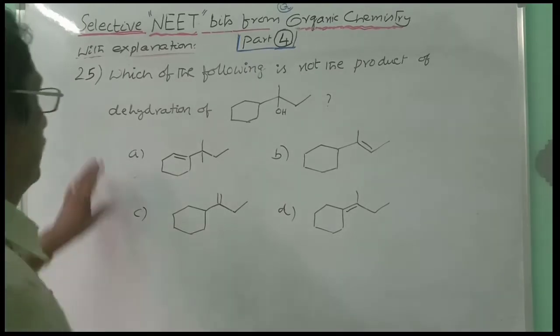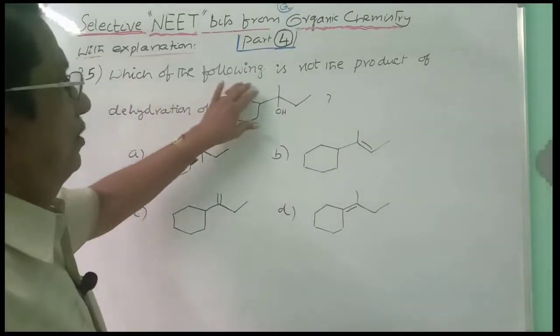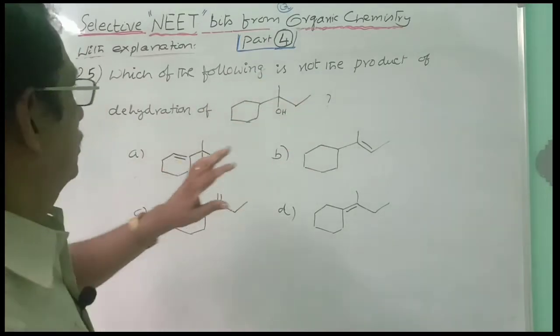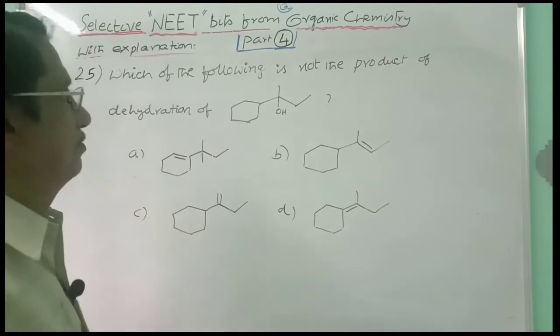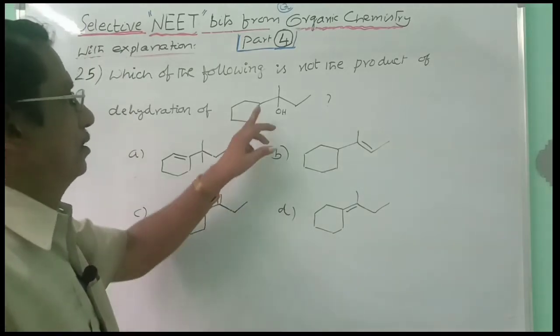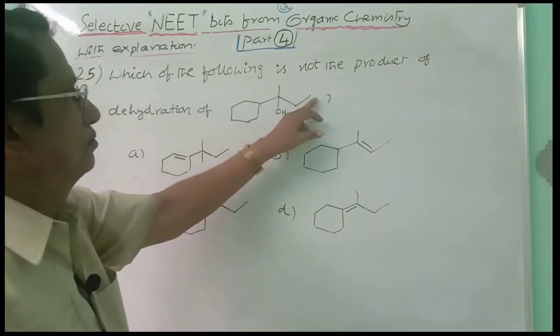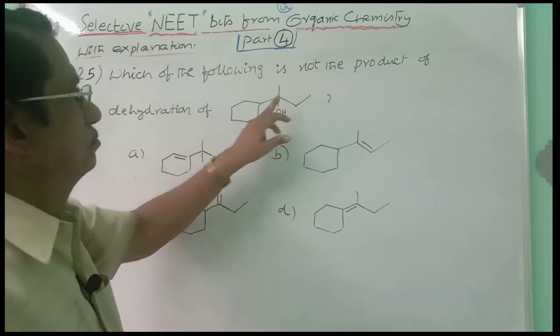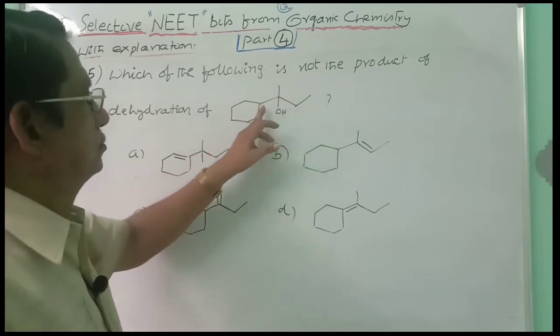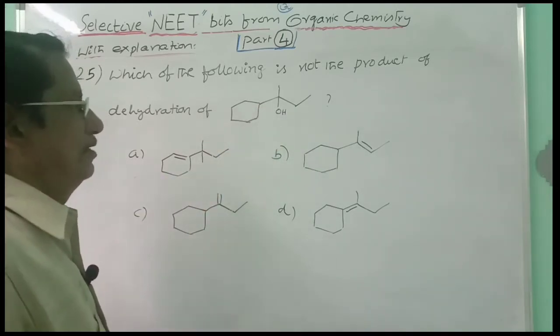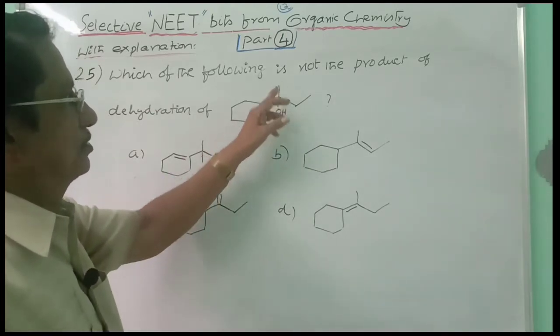Next one, 25th. Which of the following is not the product of dehydration of alcohol? The alcohol given is 1-phenyl-2-methyl-2-butanol.